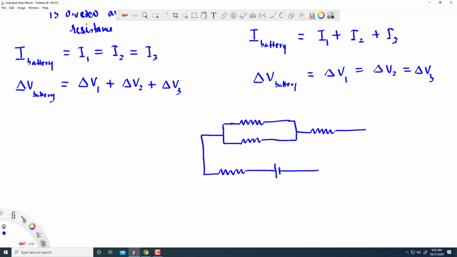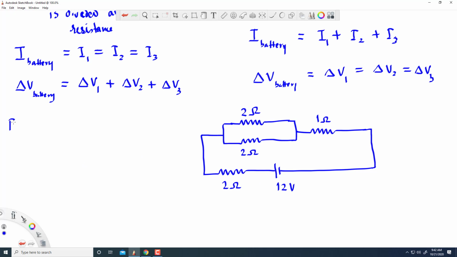Now, this is the third type of circuit, which is a combination of both series and parallel. So, this is a combined circuit. This is 2 ohms, this is 2 ohms, this is 1 ohm, and this is, let us say, 2 ohms, and the potential difference of the battery is 12 volts.